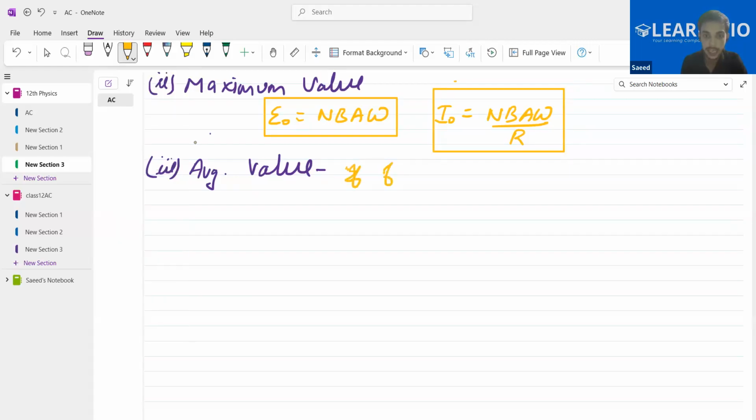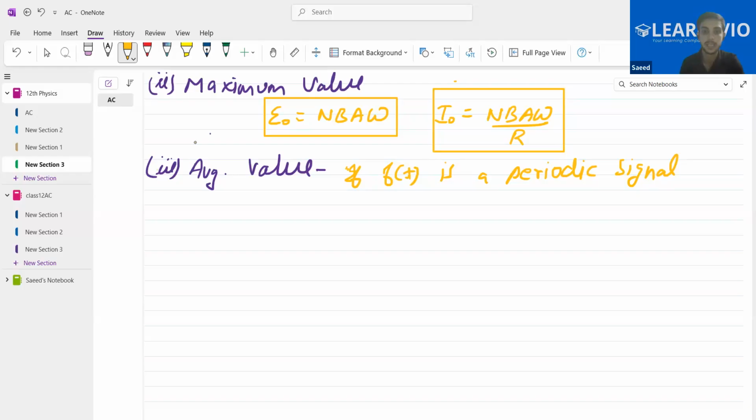If f of x is a periodic signal, let's not take it as f of x, we should take it as f of t, because f of t is a periodic signal. Periodic signal means which repeats after a certain interval of time. Maybe a signal doesn't repeat after a certain interval of time, that is why we say if it repeats.